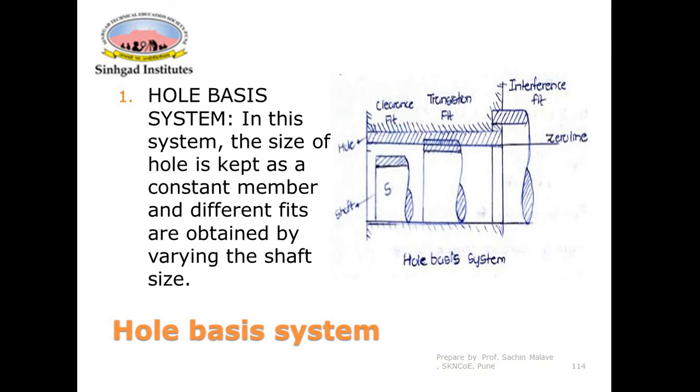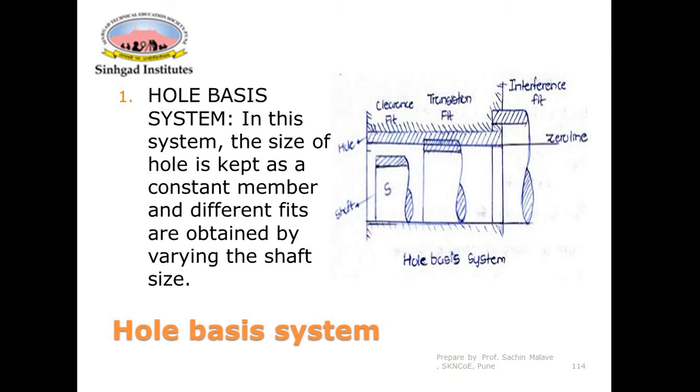If you want the clearance fit, you have to choose the shaft which is lesser in dimension than the size of the hole. So in clearance fit, the size of the shaft is going to be less than the sizes of the hole.